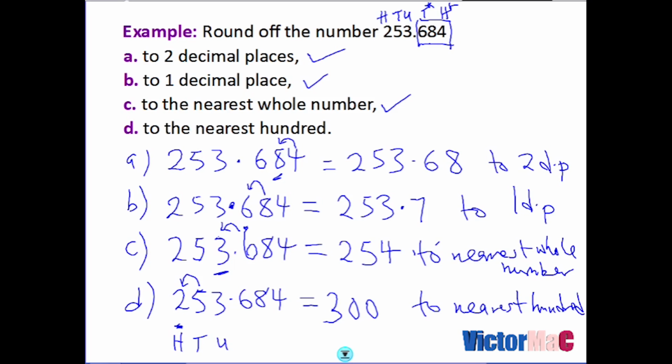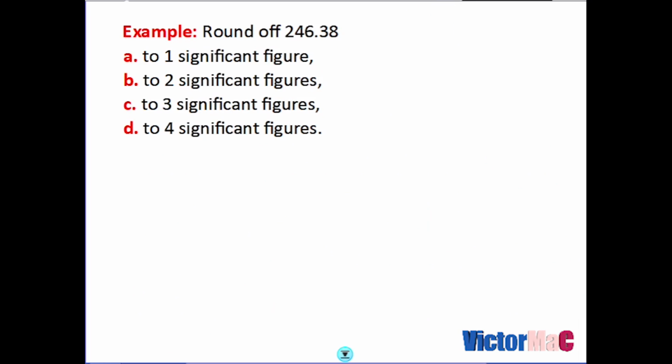In this particular case, this fourth example coincides with approximation to 1 significant figure. Let's see an example precisely on significant figures. Number 2: round off 246.38 to 1 significant figure. For this one, I just want 1 digit. So will this 4 round 2 up?